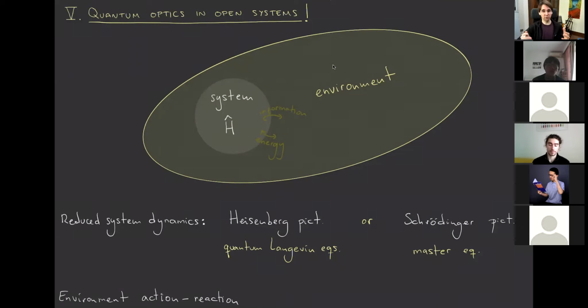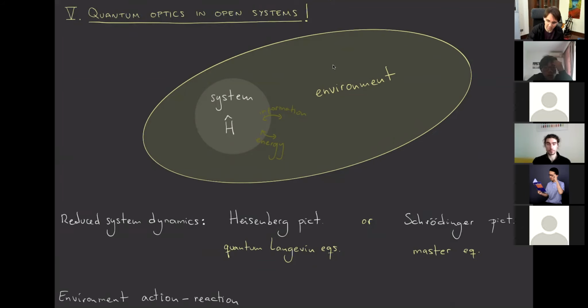So you can imagine that you have your cavity, you create an action from the environment into the cavity, you do something inside the cavity, like generating a squeezed state or whatever, and now that state has to go outside of the cavity through the partially transmitting mirror. And this reaction on the environment, so this field that comes out of the cavity, is what we are going to observe in the laboratory.